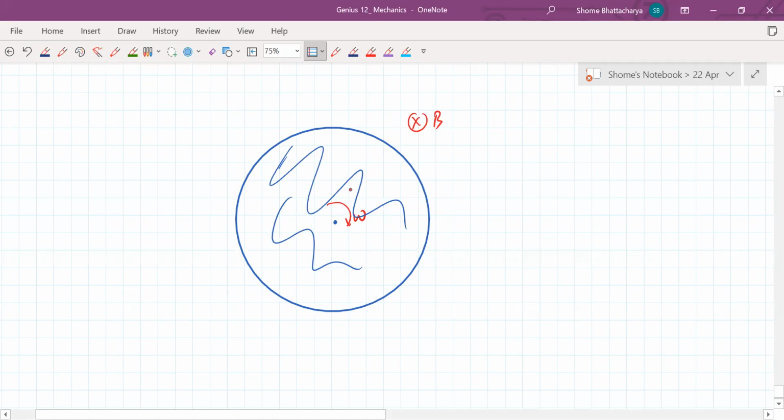Here V cross B will be in which direction? B at any point on the disk like this will be like this. So V cross B will be outwards now. So there will be positive charge which redistributes on the outer surface, with maximum linear charge density on the circumference.